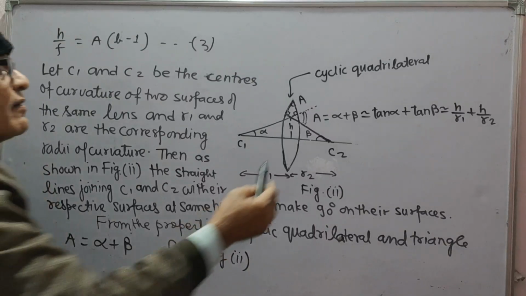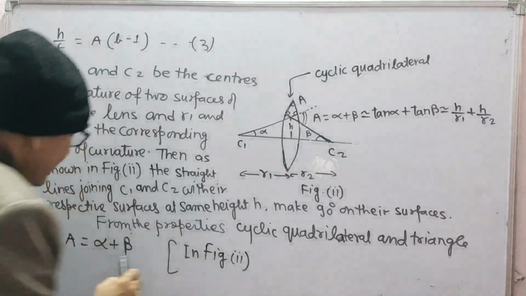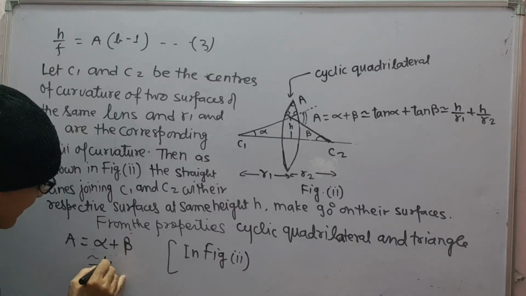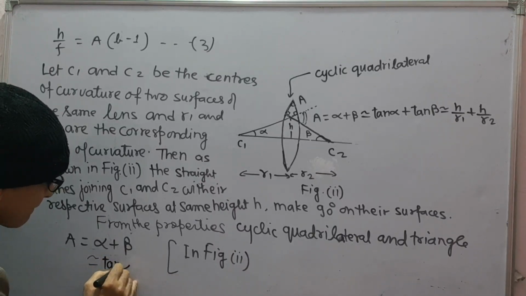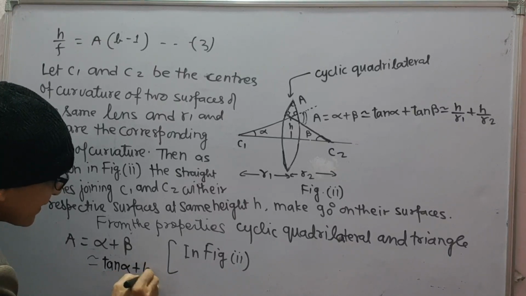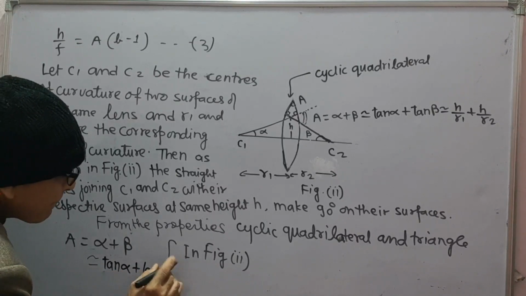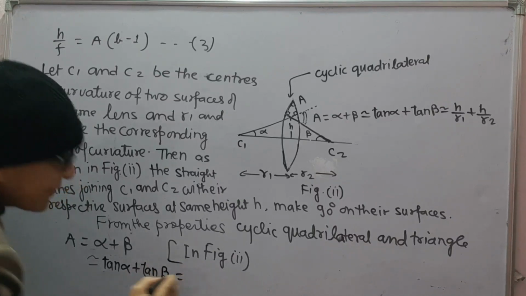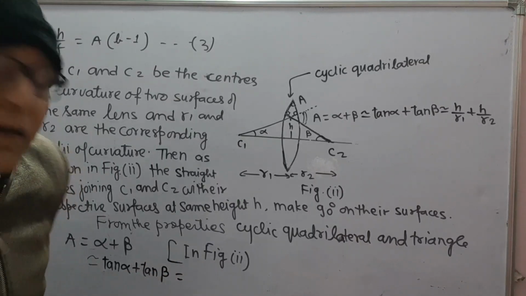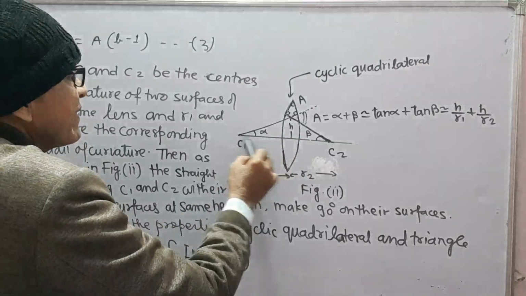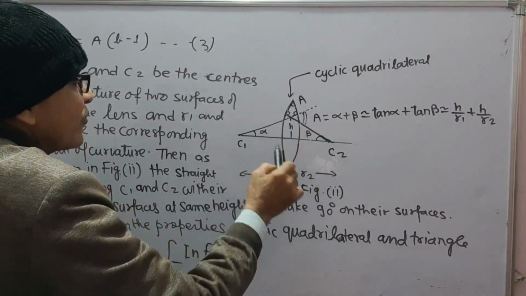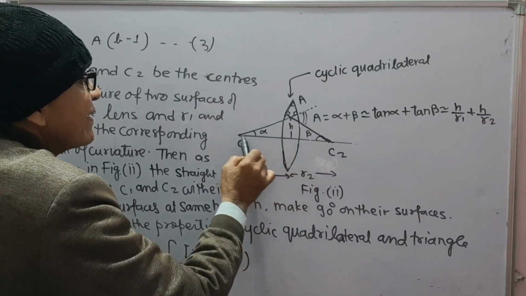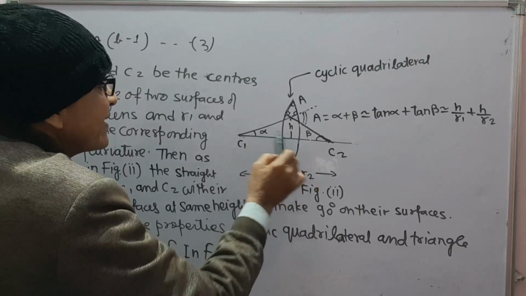Again, for small angles, this can be written as tan alpha plus tan beta, and tan alpha can be written as nearly h upon R1, because for a thin lens this distance and this distance will be nearly the same.